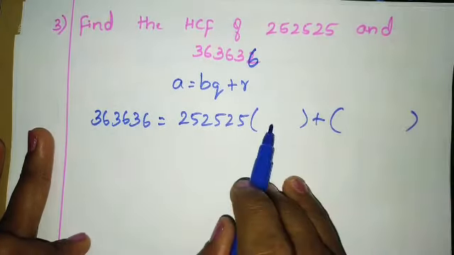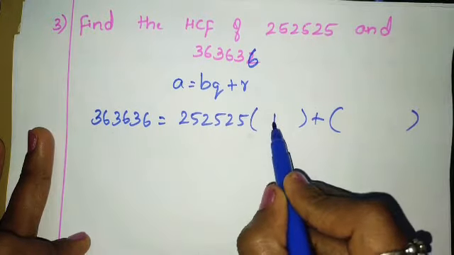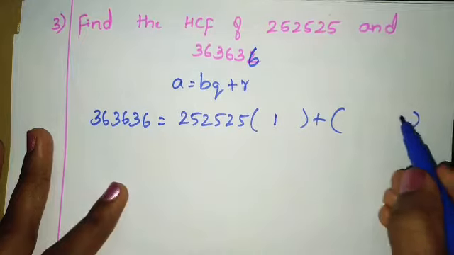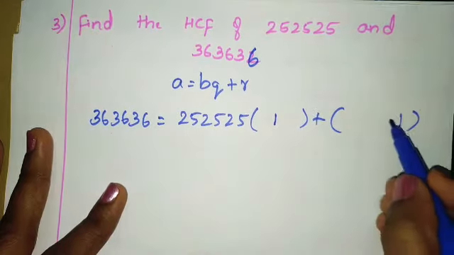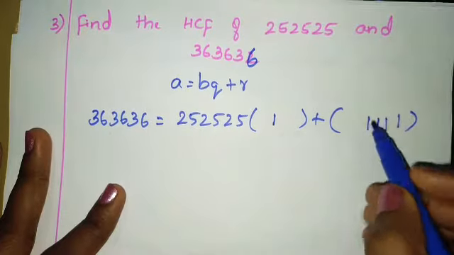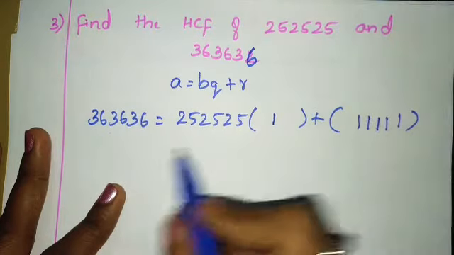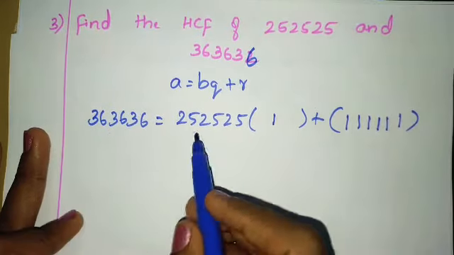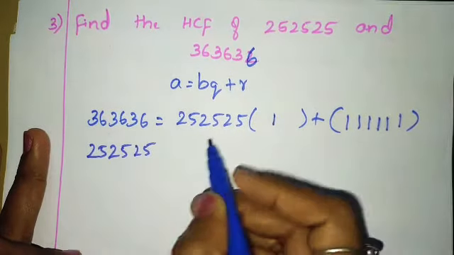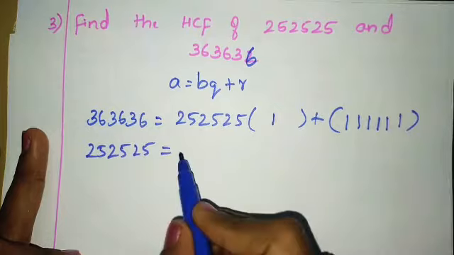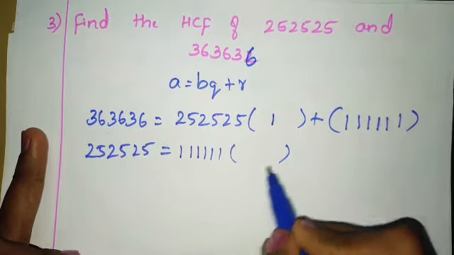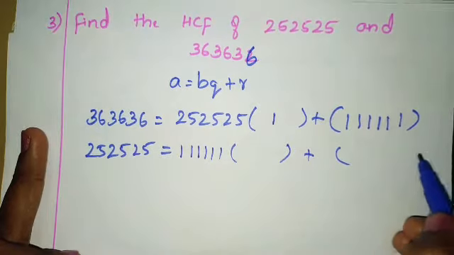So 2 is not possible, so directly multiply with 1. If you multiply with 1, 6 minus 5 is 1, 3 minus 2 is 1, and so on, giving 111111. Now you take 252525 equals 111111 into something to get some remainder.